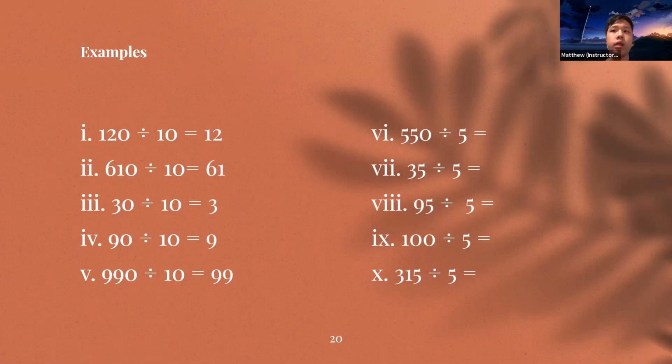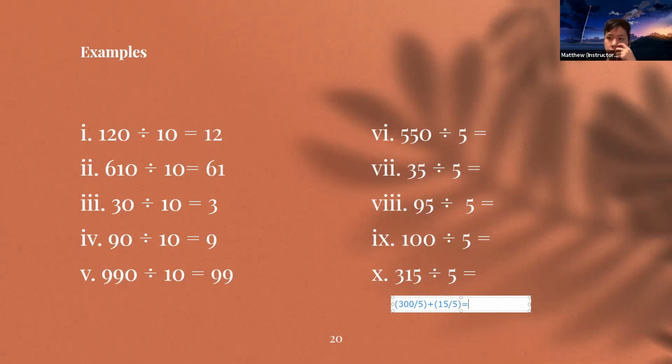It is the same as putting 315 into 5 groups. The easy way to split this up would be 300 divided by 5 plus 15 divided by 5.